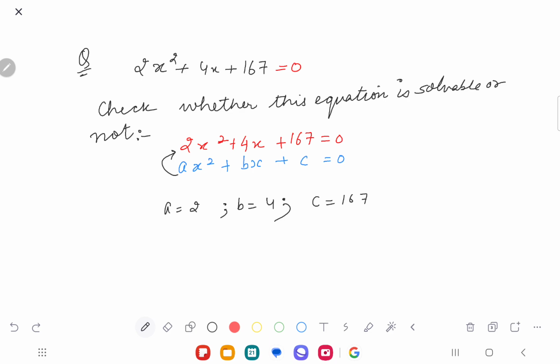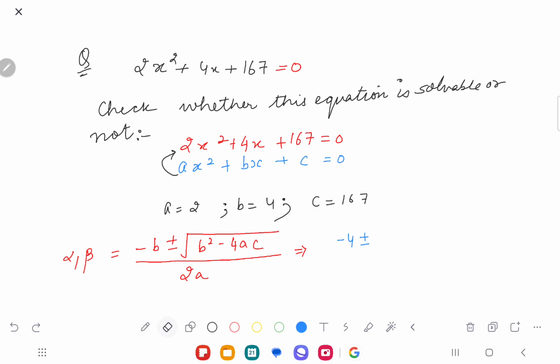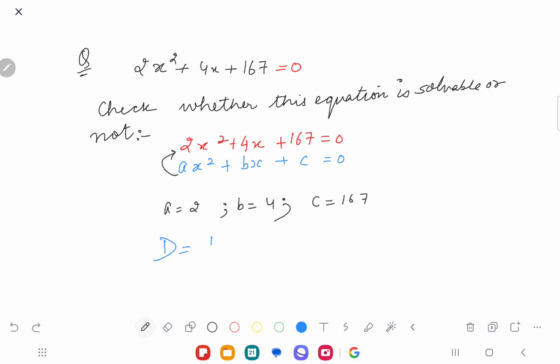So the roots are going to be minus b plus minus under root of b square minus 4ac over 2a, that is alpha comma beta. Sorry, I'm not going to calculate the roots. I'm going to simply find the discriminant, that is b square minus 4ac. This should be greater than or equal to 0 for the roots to exist.